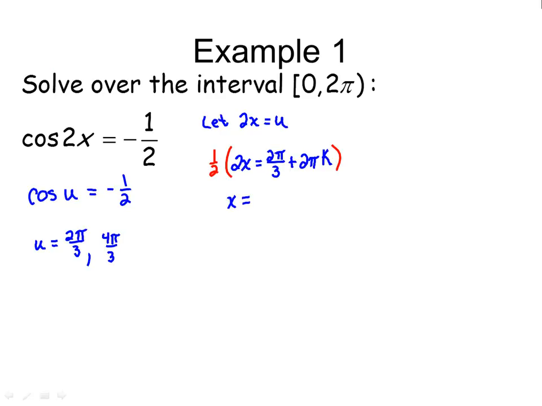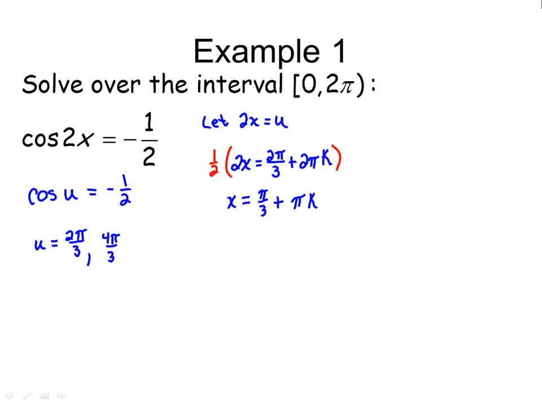Forget about the pi, it's just a constant. And then 1/3 times pi is going to be pi over 3 plus 1/2 times 2 pi k. Basically 1/2 times 2, the 2's cancel out, right? So you're just going to get pi k.